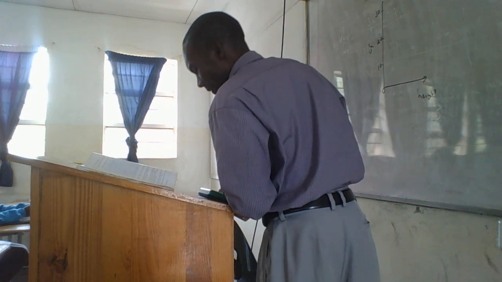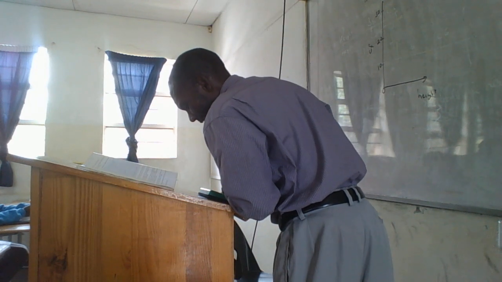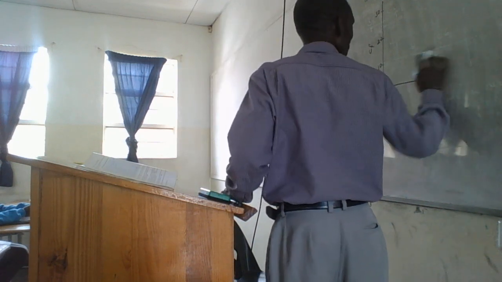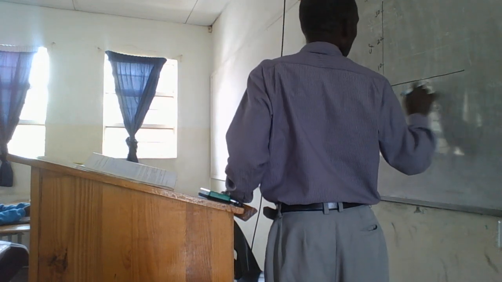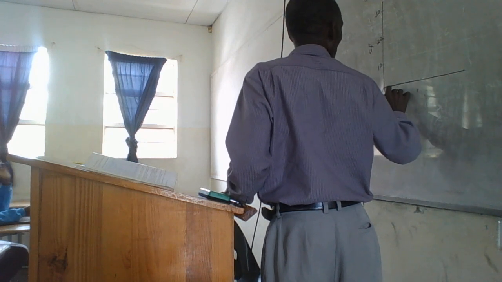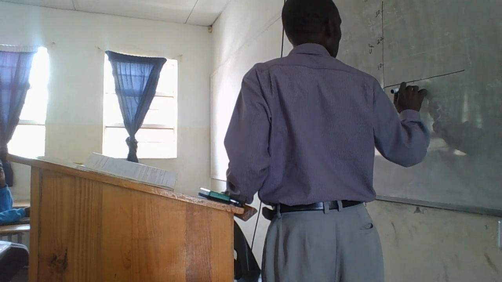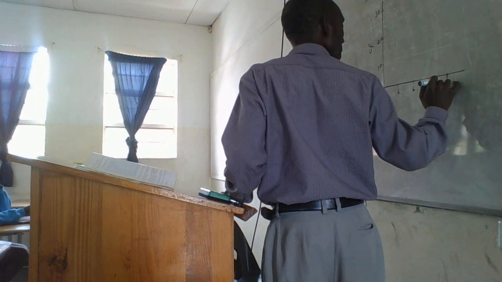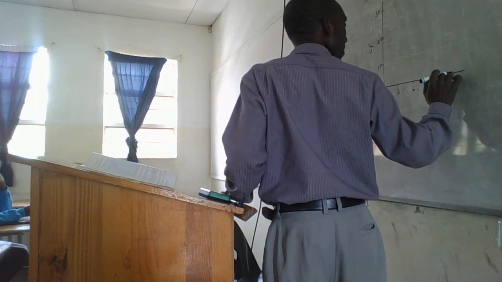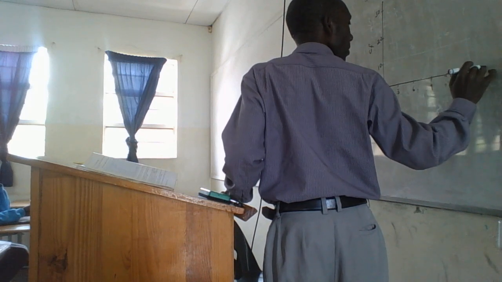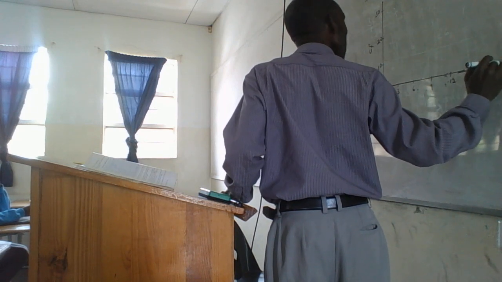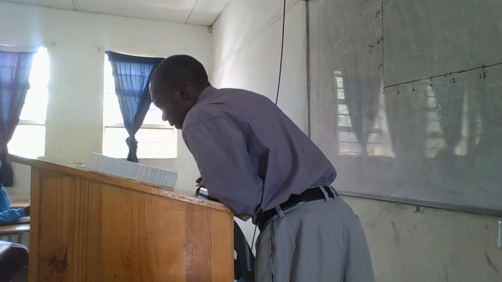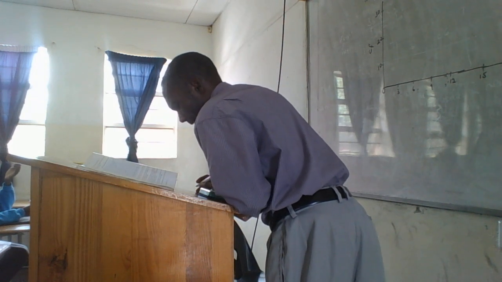And here the boundaries, you are starting from 3, so you have 0. So you have something like 0, 3, 6, 9, 12, 15. So up to which one? 18.